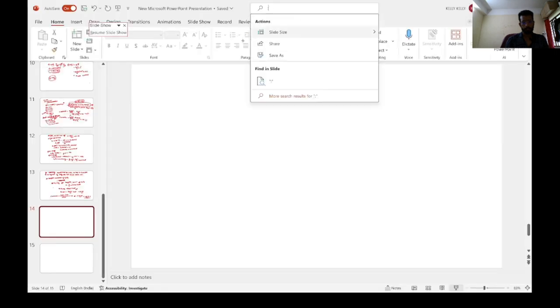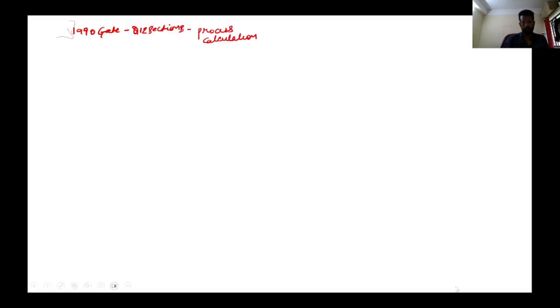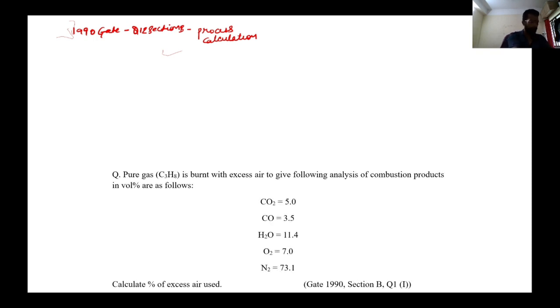So what is the question saying? The question will be visible on your screen. Pure propane C3H8 is burnt in excess air with the following analysis of combustion product in volume percentage. Calculate the percentage of excess air.